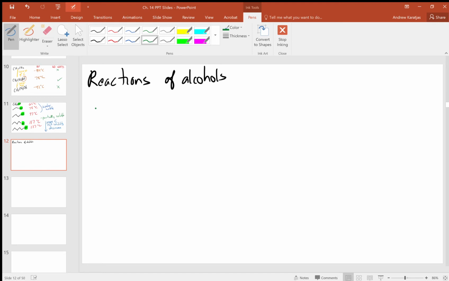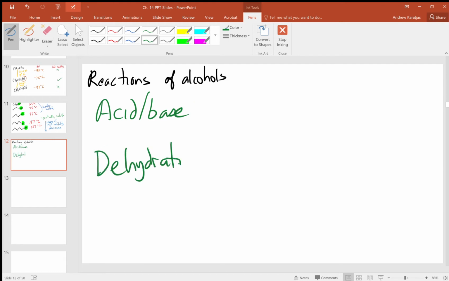And those three reactions that we're going to look at are acid-base properties of alcohols, dehydration, which as we'll see is essentially the opposite of hydration, and oxidation. And so these are the three that we're going to focus on.